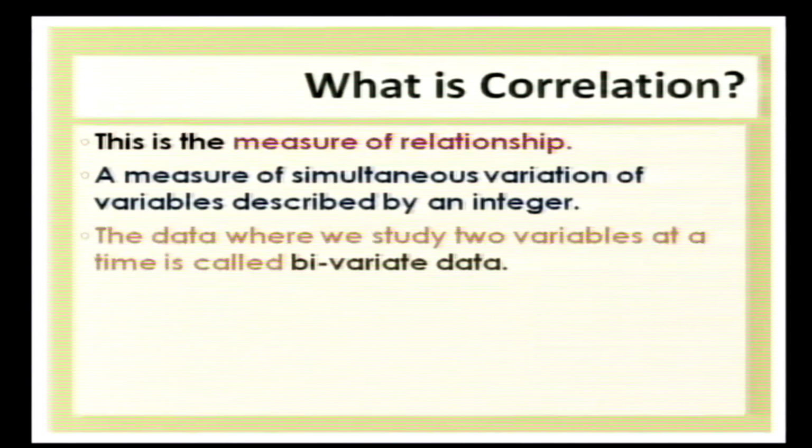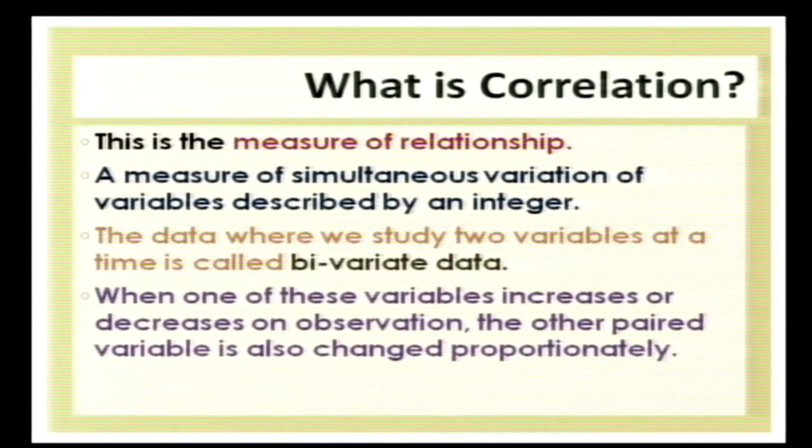And the data which we study under correlation, when we calculate the correlation between two variables, is known as bivariate data. So for calculating correlation, many times we do exercises on bivariate data.